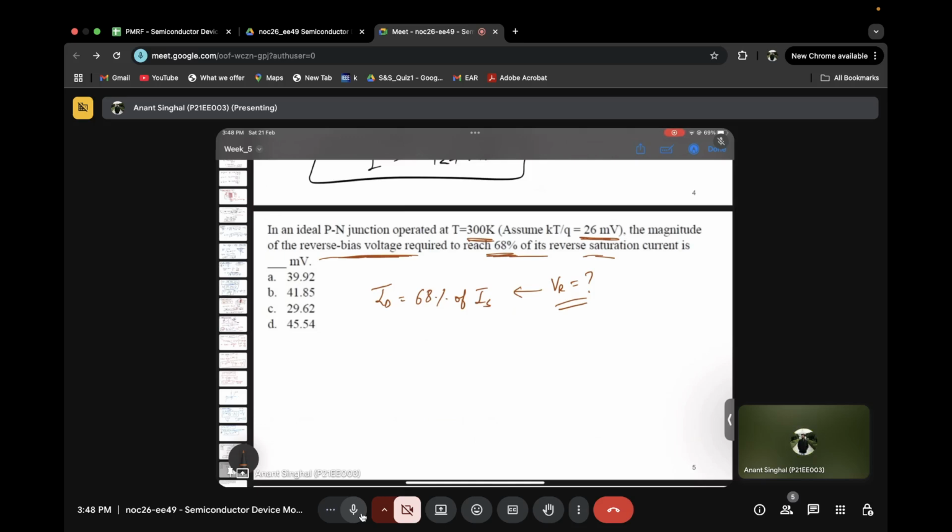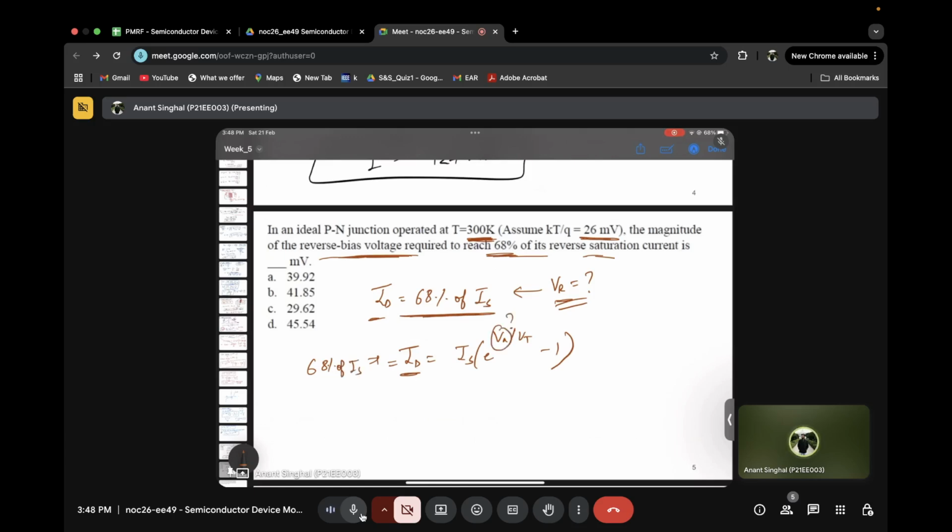No, no, no. It's not a temperature dependent question. It is asking you the voltage when the total current becomes 68% of the reverse saturation current. That means this is the formula, right? I equals Is times exponential of V over Vt minus 1. So when this current will be equal to 68% of Is, what is the value of this voltage?